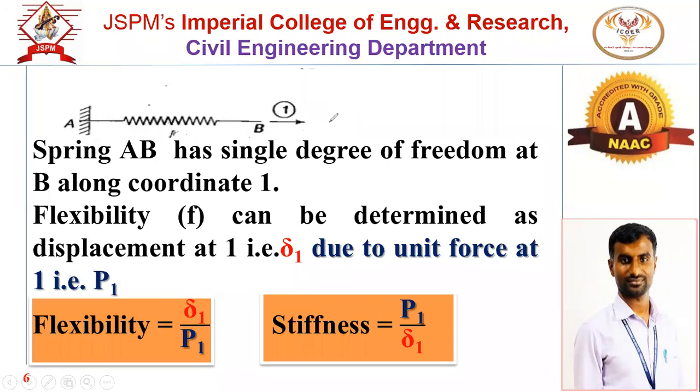Suppose this is the fixed end and this is the free end, point B. Practically, how many movements or displacements are possible at that point? What will be the degrees of freedom at that point?